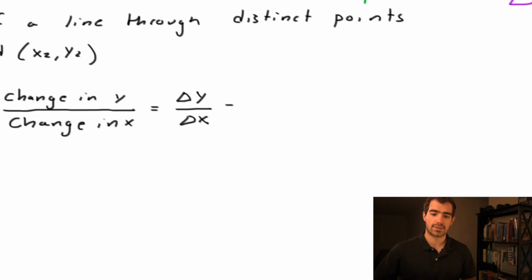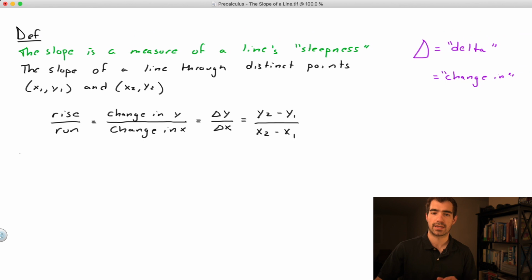Or in other words as well, we could say the difference between the y coordinates of our two distinct points divided by the difference between the x coordinates of our distinct points. And as usual, since we can't divide by 0, this would be where x2 is distinct from x1.